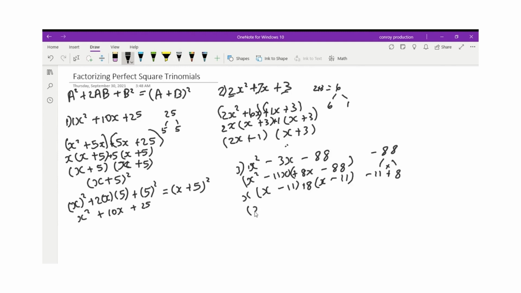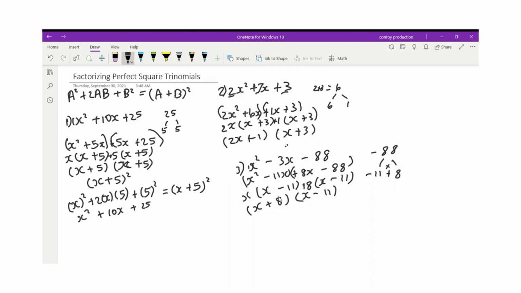Hence, in our brackets, we will have x plus 8 and x minus 11, and those would be our two terms for the answer. So this is how we factorize this trinomial. This will be the answer.